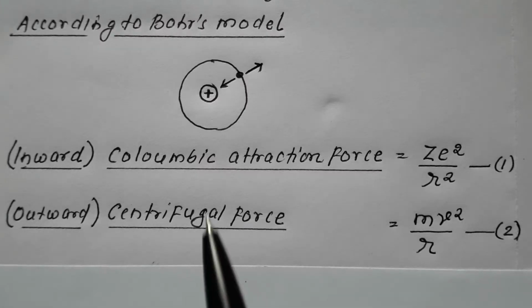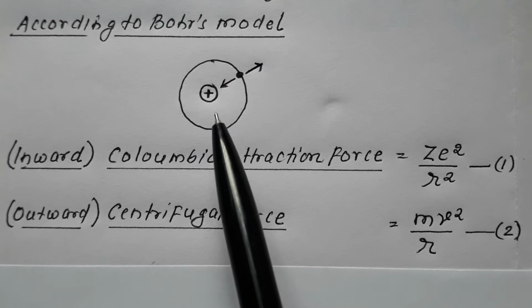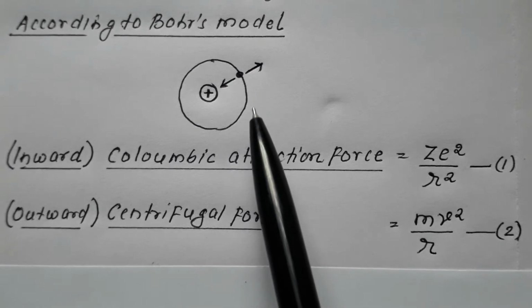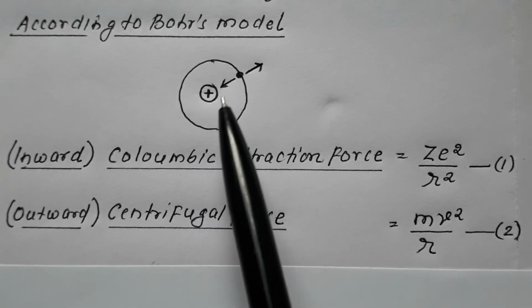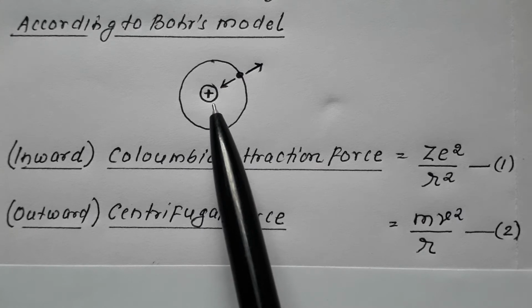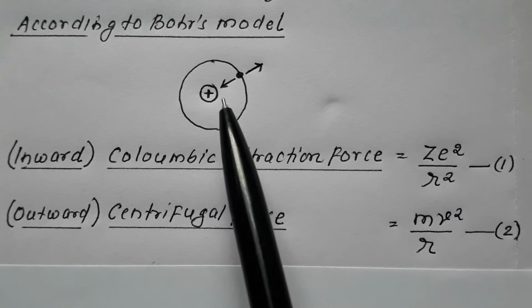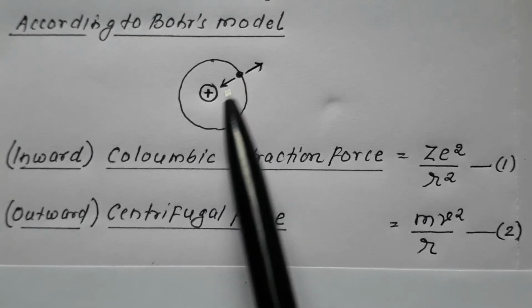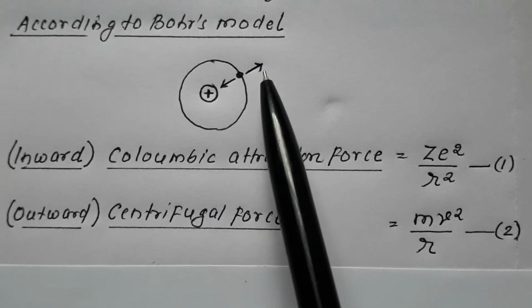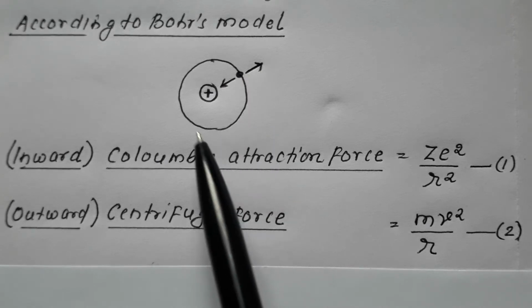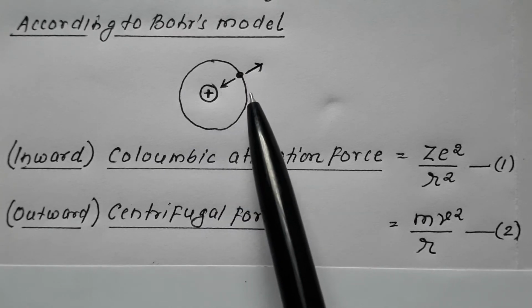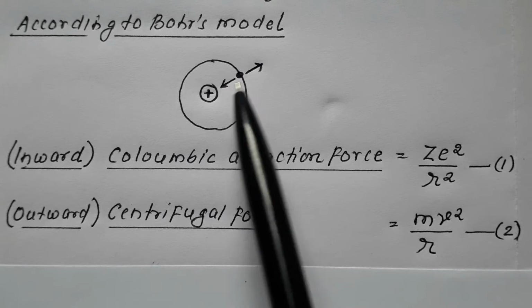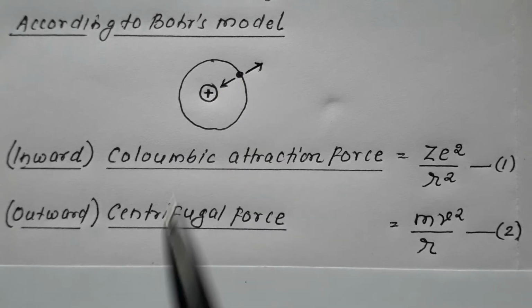According to Bohr's model, the electron revolving in a circular path around the nucleus experiences two forces, one working inward and the other working outward.